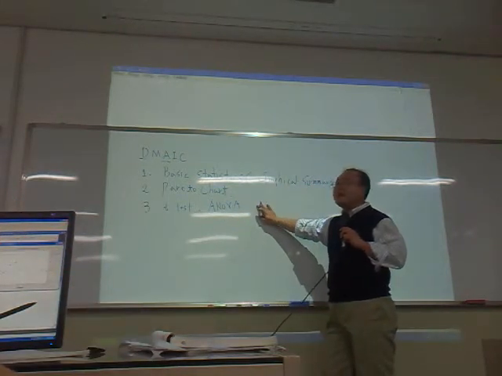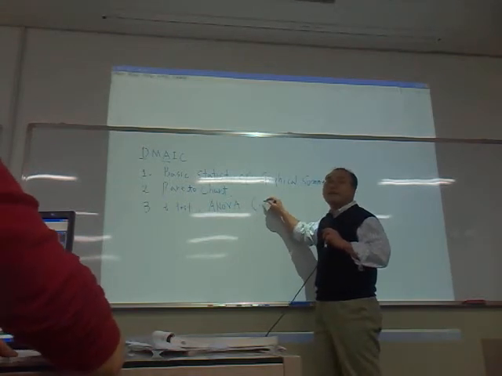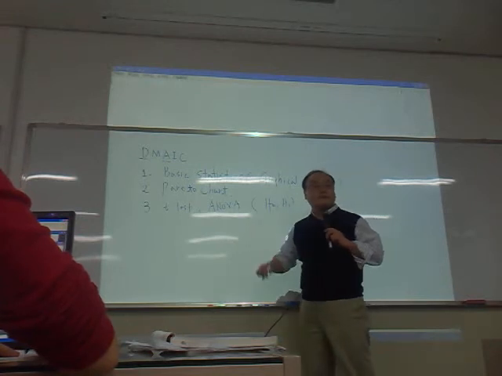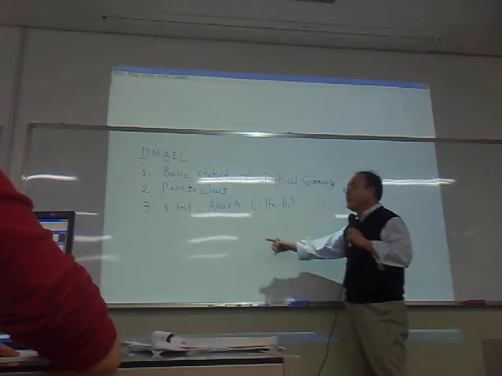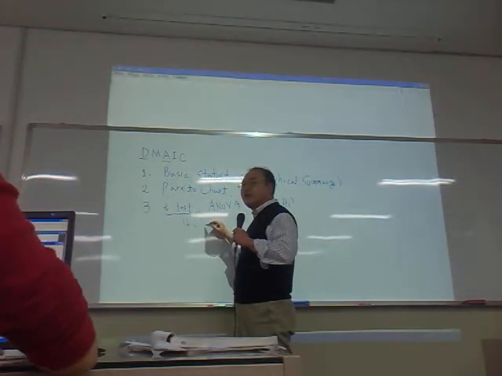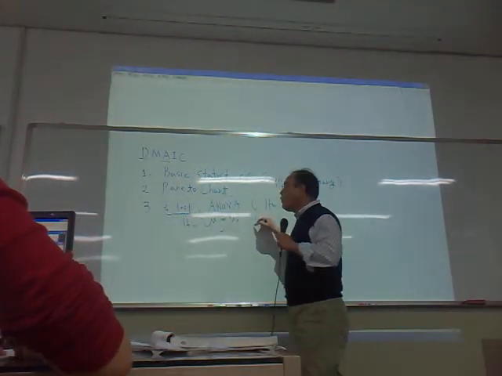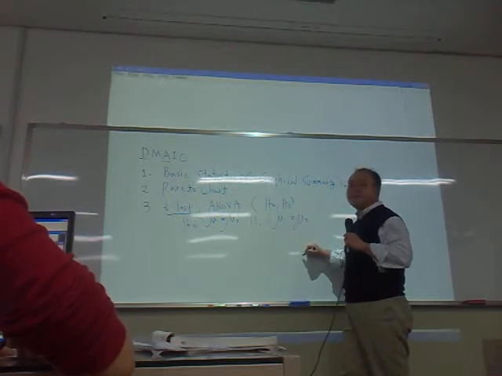And in the analyze stage, you have to be careful. You have to write the H0 and H1. In the t-test, H0 is two groups' mean is equal. H1 is two groups' mean is not equal.